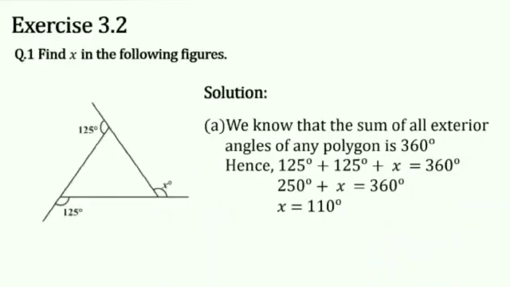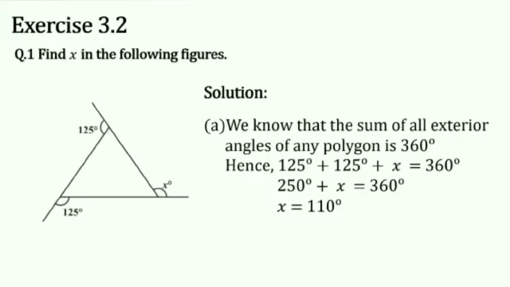Exercise 3.2. Here in the given figure, triangle is there and you have to find the value of x. Here you can see that x is the exterior angle of the given triangle. Another two measures of two exterior angles are given to you.